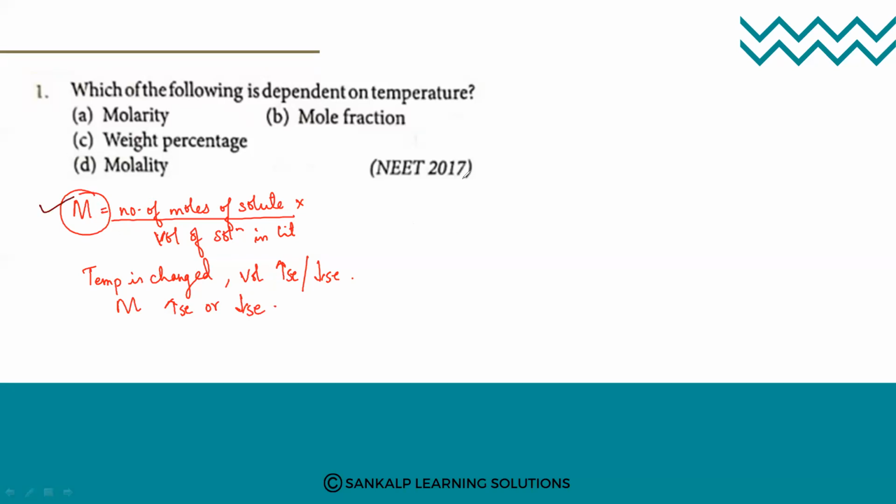We'll see the other options also. B is mole fraction. What is mole fraction? It is the number of moles of A divided by the total moles of A and B. Now how do you calculate the moles of A for a particular component?